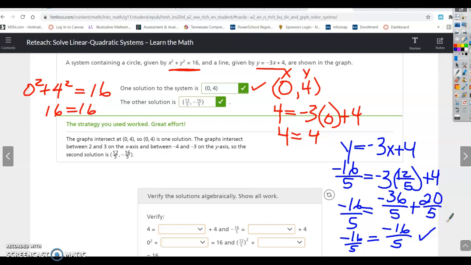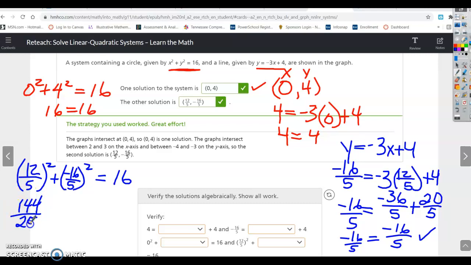All right, let's see about the circle. So we're going to have 12/5 squared plus negative 16/5 squared. And we want to know if that equals 16. This is going to be 144 over 25. And then 16 squared is 256.